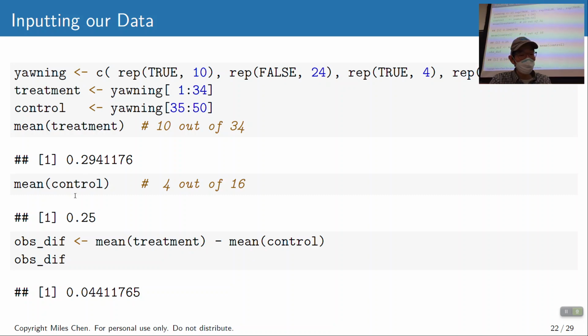And for the control group, I get 4 out of 16, a proportion of 0.25, okay? So our observed difference for our actual data is 0.294 versus 0.25, a difference of 0.044. This is just setting up the data, and I want to make sure we're all okay with the use of repeat here to create this logical vector of trues and falses.